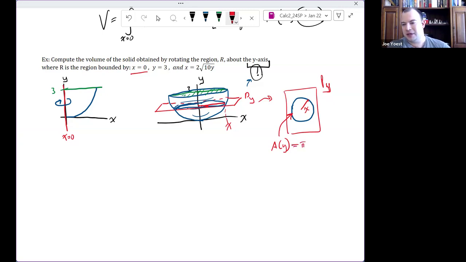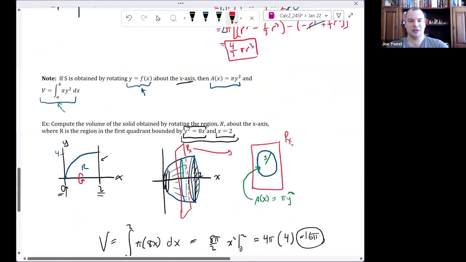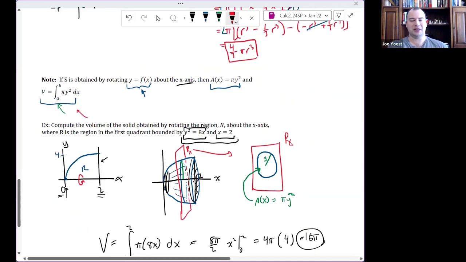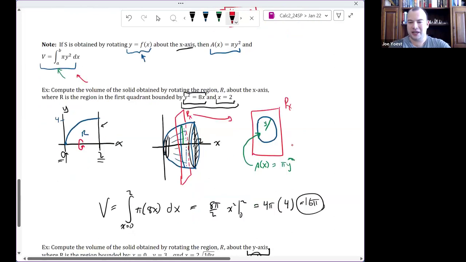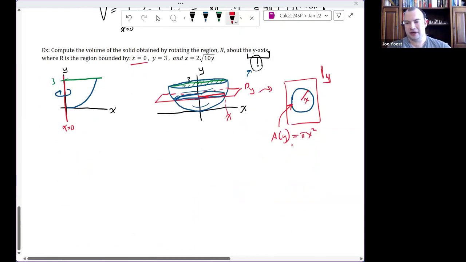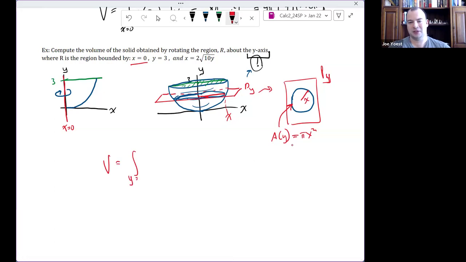A of y is going to be pi x squared, right? So this is a similar setup to up here, but just swapping x and y. For our volume, we're integrating from y equals something to something of pi times x squared dy. We're integrating from y equals 0 to 3.